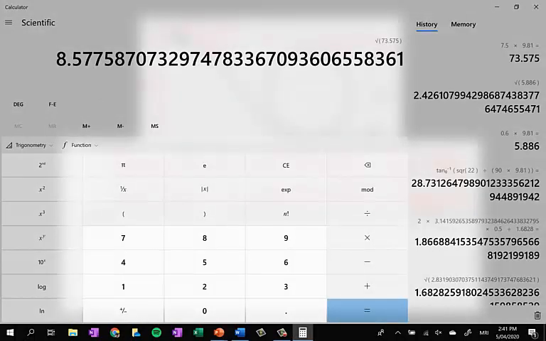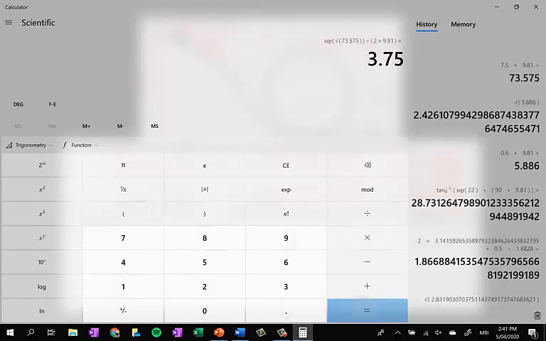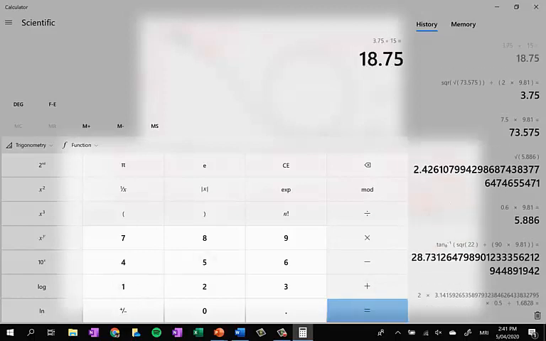I'll take this unrounded number and square it, and then I will divide that by 2 times 9.81. And that's 3.75. We need to add to that the 15, which gives us 18.75 meters.